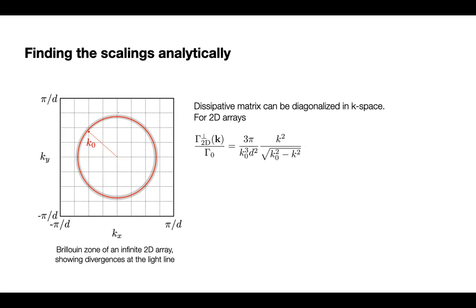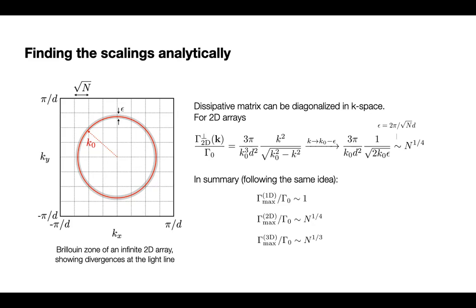So then what I want to see is how close I'm getting to this divergence for a finite array. So I take k and approach k0 minus epsilon. And then epsilon, the error, I take it as the fine grid spacing of this reciprocal space. And from there, I get that for a finite array, the largest decay rate scales as n to the 1 over 4. And I do the same for 1D and 3D, and I get these scalings.